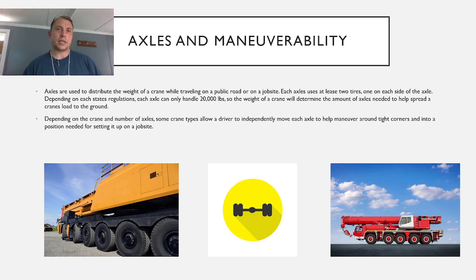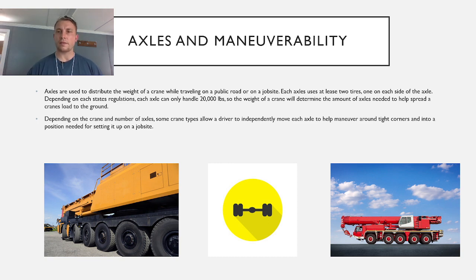Axles and maneuverability. So the cranes are pretty heavy. They can weigh up to 140,000 just without any counterweights, just the truck itself. Sometimes the booms are taken out so they can travel on the road, but it all depends on the state that you're traveling through.